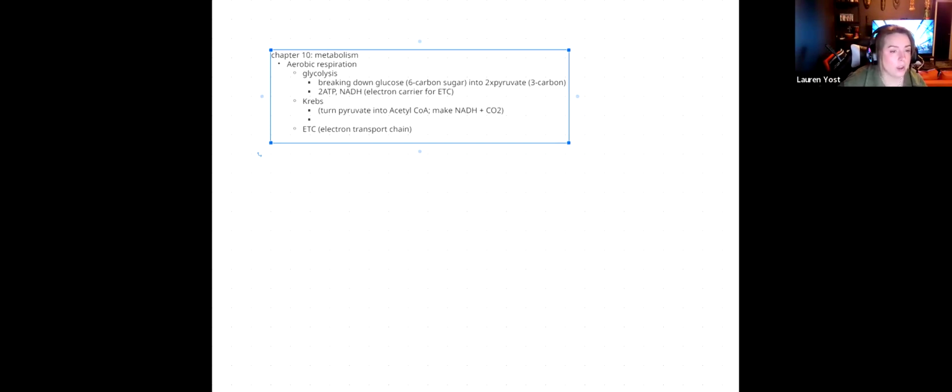And now we have all of those products from glycolysis and Krebs, and we're going to go through the electron transport chain or electron transport system, however you want to call it. This whole thing is driven by a process called chemiosmosis.